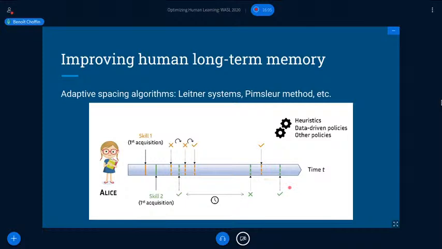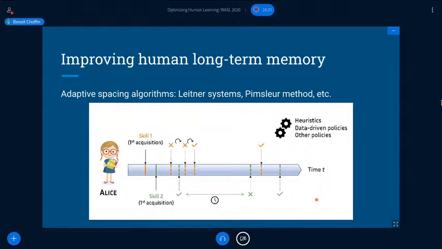And so this is what this picture represents. We have this student Alice, not the same Alice as before, and she wants to learn two skills. Skill 1 in orange and skill 2 in green. On the x-axis you have the time t.